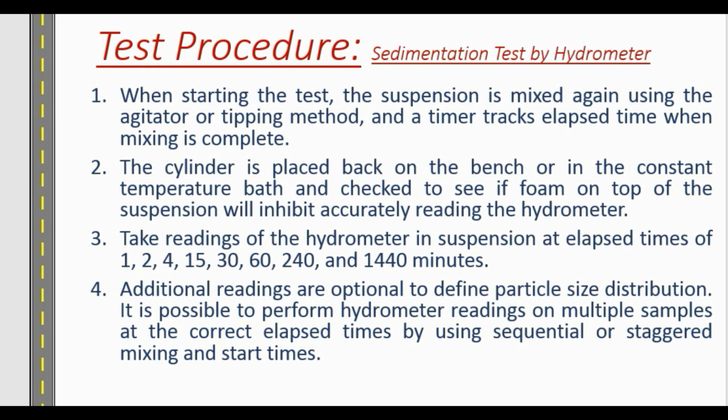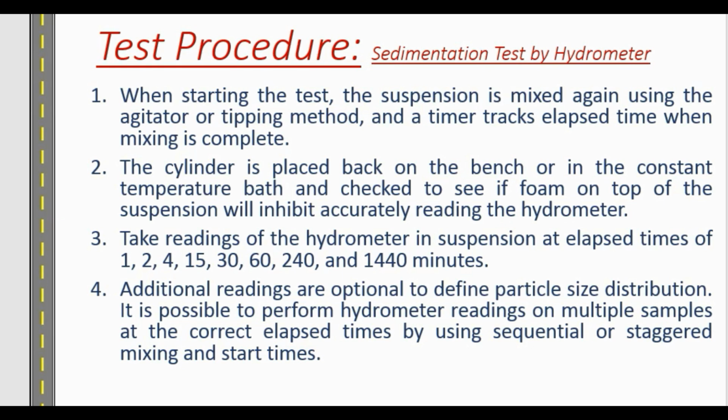Then we will mix this sample with an agitator for a period of 1 minute. After mixing the specimen, we will pour our sample into a 1000 ml jar, which will be filled with test water or distilled water up to the 1000 ml mark.